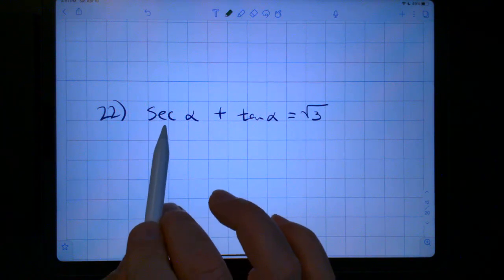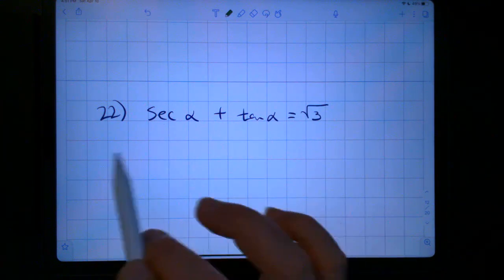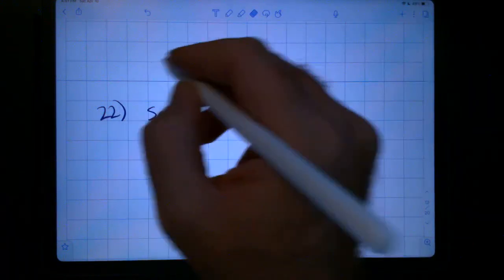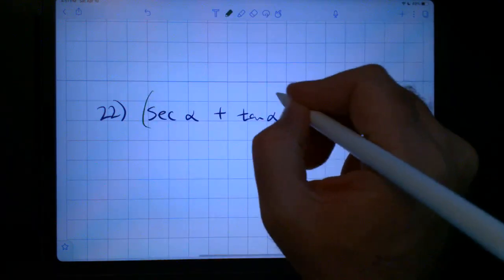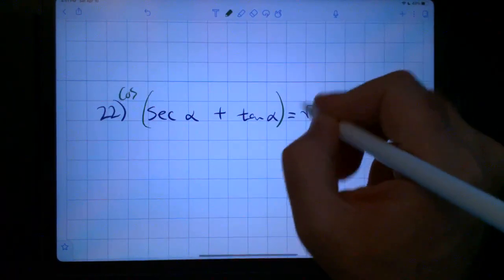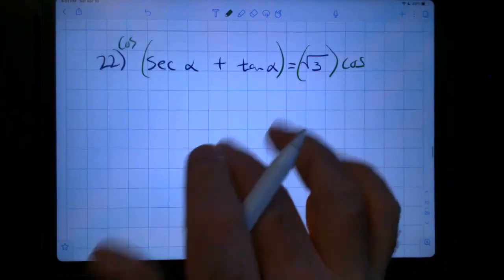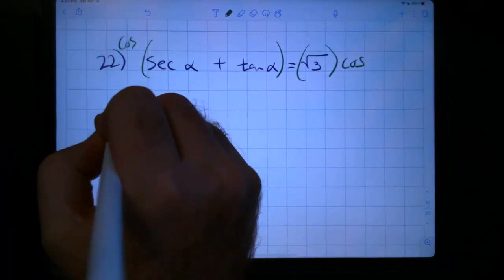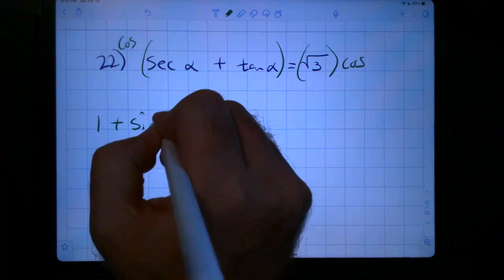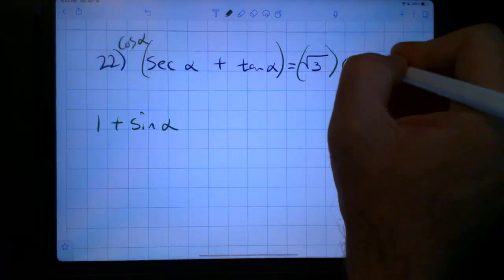So this is 1 over cosine. This is sine over cosine. Let's multiply everything by cosine. Sorry, cosine alpha.